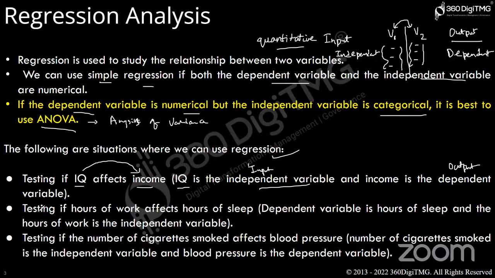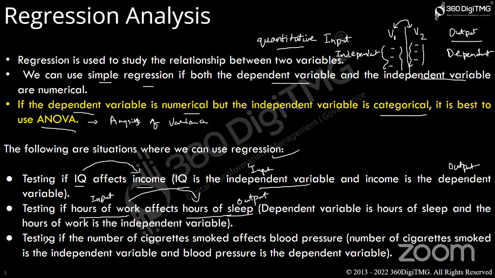Second example, we are testing if hours of work affect sleep or not. If we are working certain hours of work, will it affect our hours of sleep or not? So hours of sleep will be the output, the dependent variable, and hours of work will be the input, the independent variable.